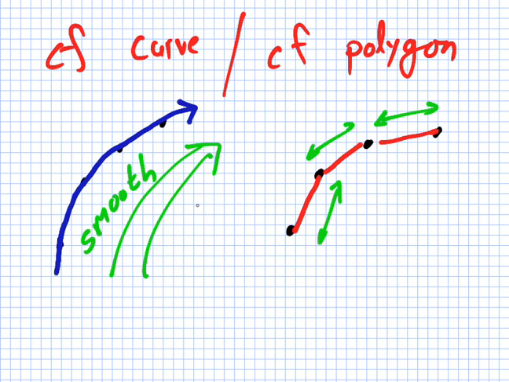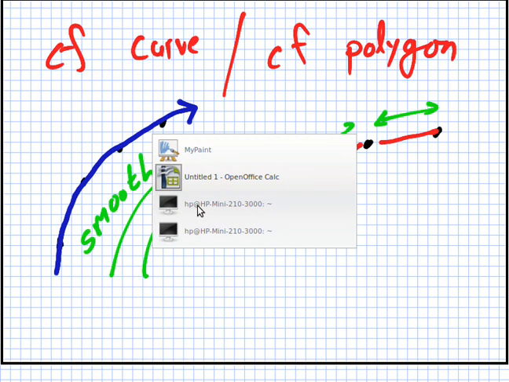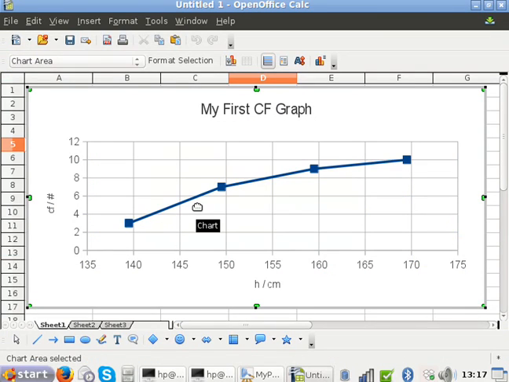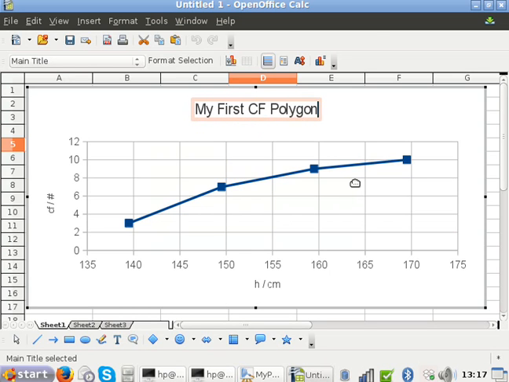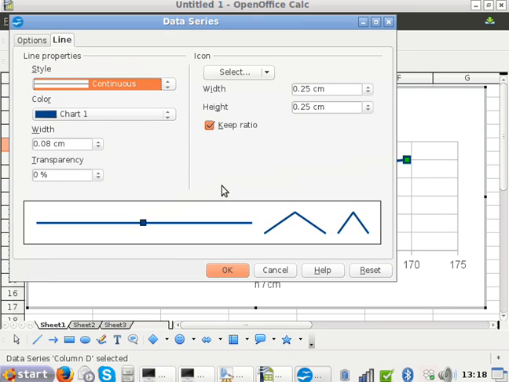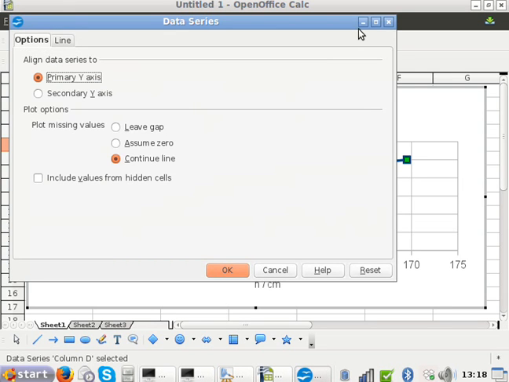So we are clear on the difference here? Yeah? So if I go back to my example here, which of the two is it really? Polygon. So now I'll make the change to my title. Okay. Now let's do one. I don't think I can change it.